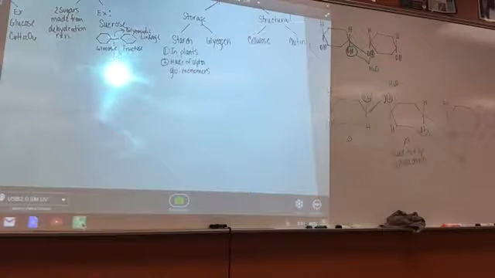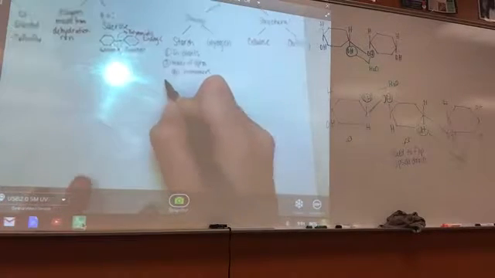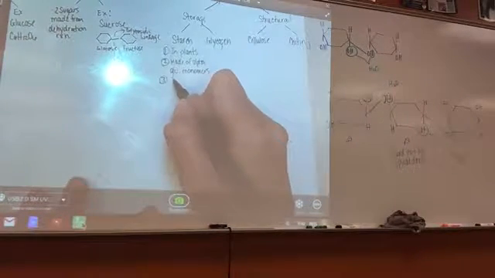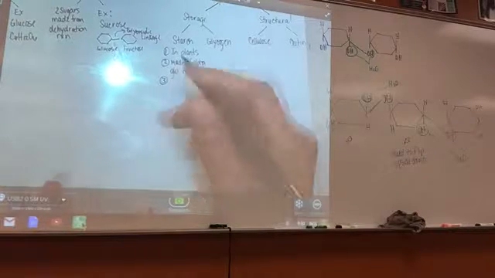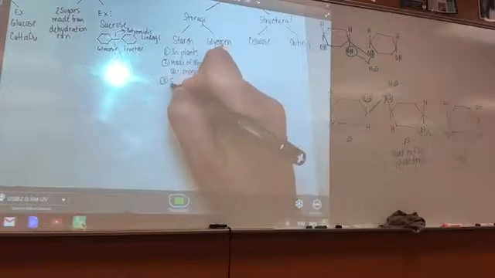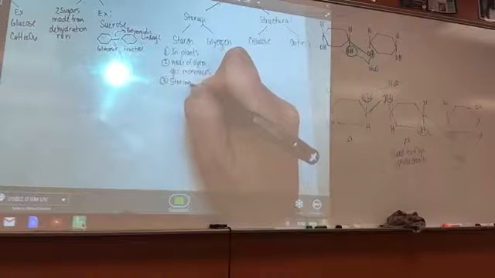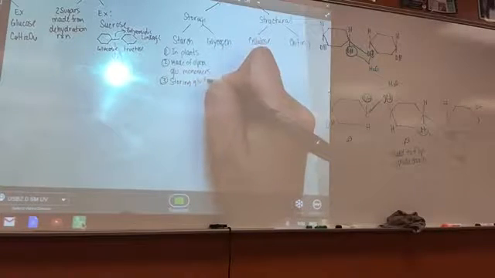When we say that they're storage, I already asked this question earlier, but what are they storing? Yeah, they're storing glucose for later use, for energy. So they're storing glucose for energy for later.